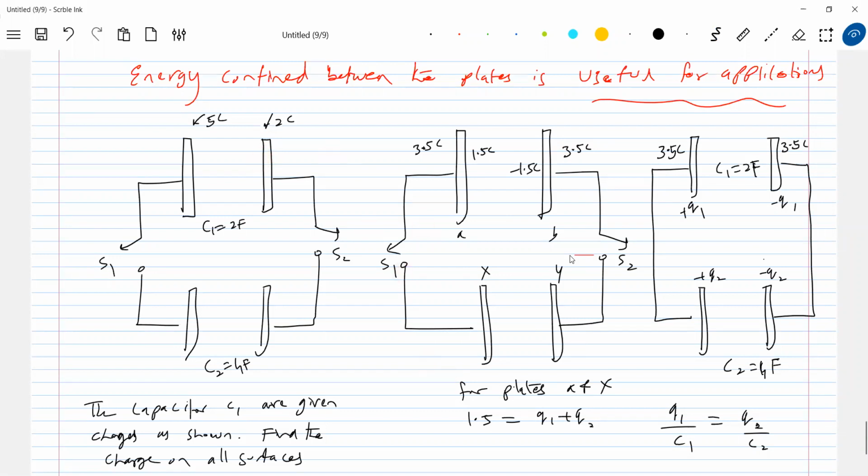Now you can say that only this charge, only 1.5 coulomb, will be shared. So what is the basic idea here?